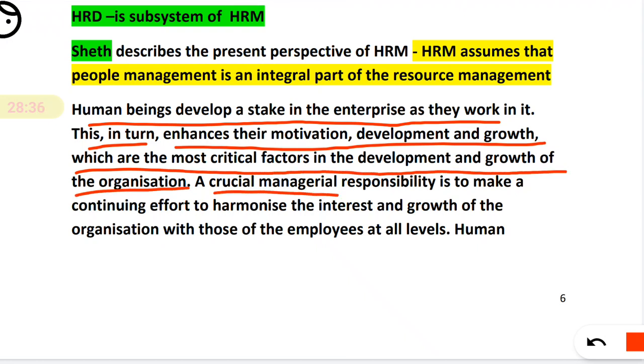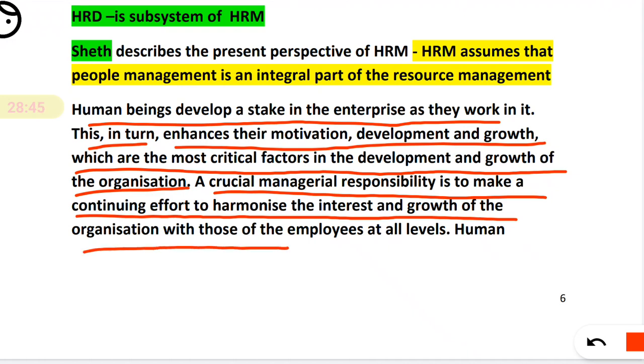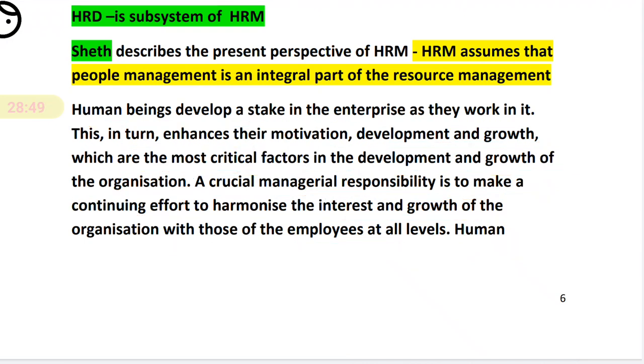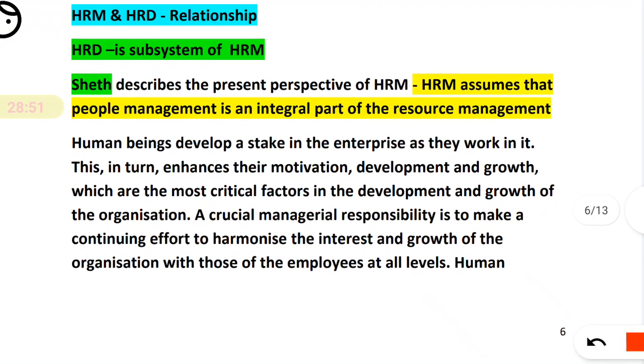A crucial managerial responsibility is to make a continuing effort to harmonize the interest and growth of the organization with those of the employees at all levels. So basically they are explaining how HRM assumes that people management is an integral part of resource management.